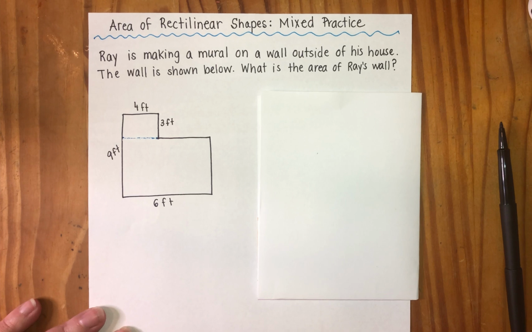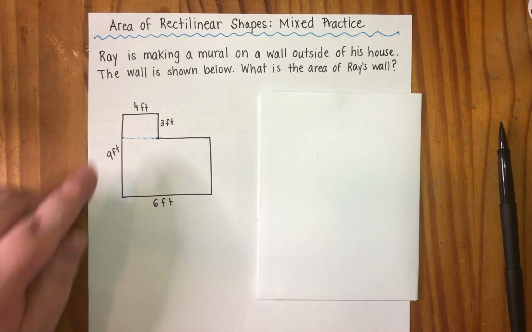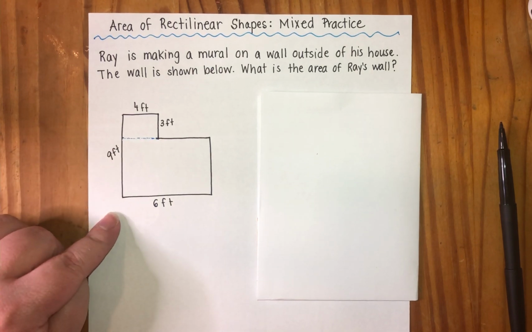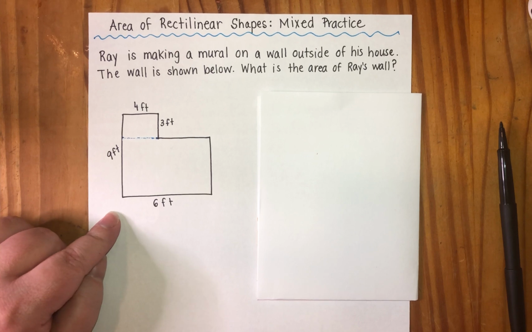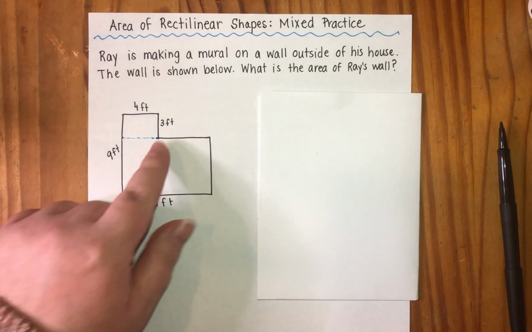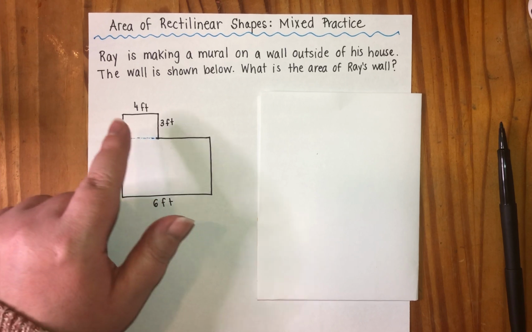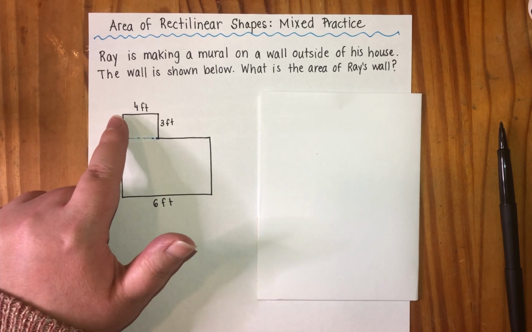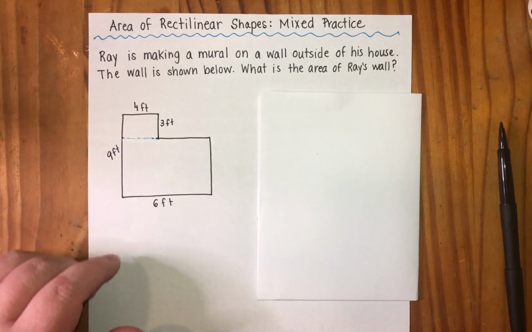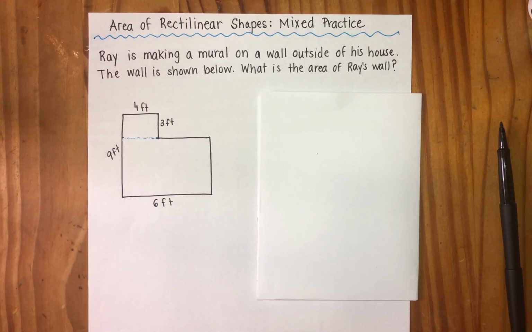Yes, we know the length of the longer side is 9 feet, and we know the top part of the opposite side is 3 feet. This means that the top part of the longer side is 3 feet as well, because we know that opposite sides of a rectangle are always equal.